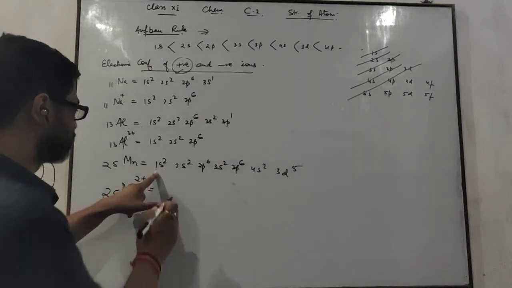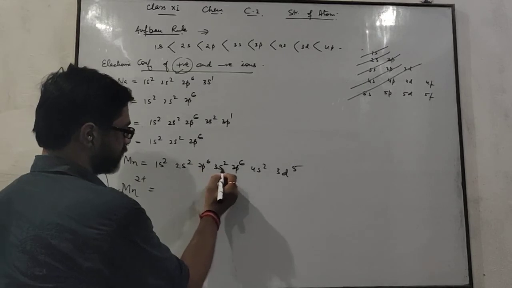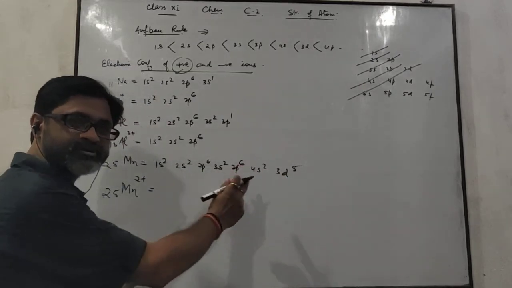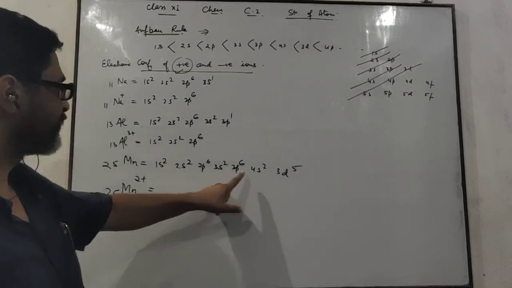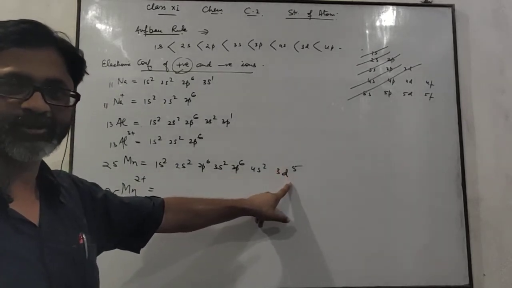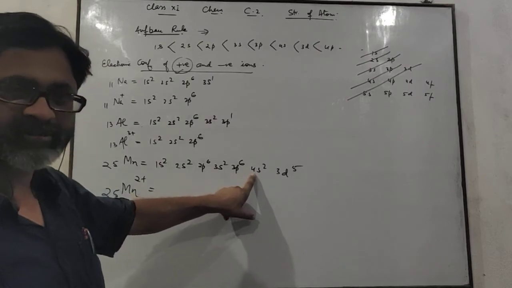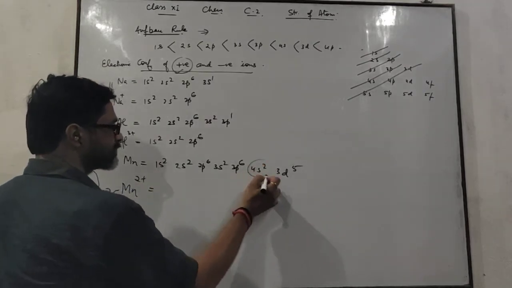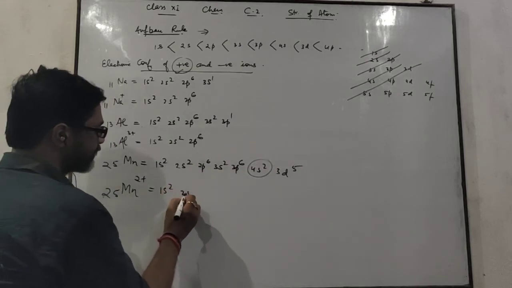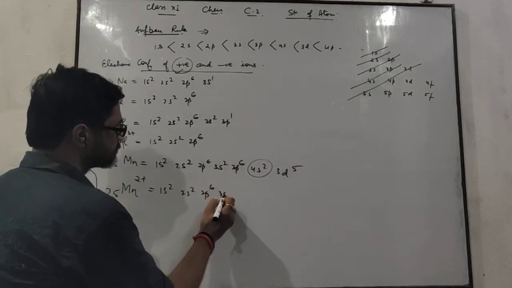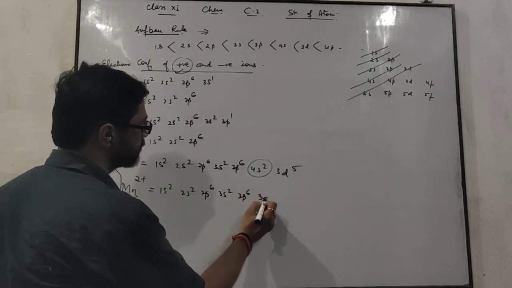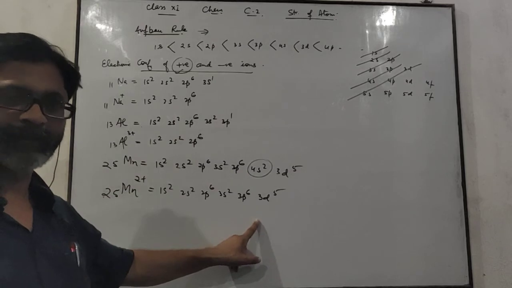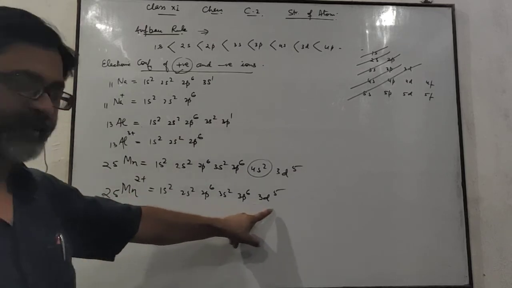This one is first, this one is second, third, fourth. This one is the fourth shell. Hence you remove two electrons from this subshell, not from that subshell, because this is the fourth shell and that one is the third shell. So you remove two electrons from 4s, and the configuration becomes 3s2, 3p6, 3d5. This is the electronic configuration of 25Mn2+.